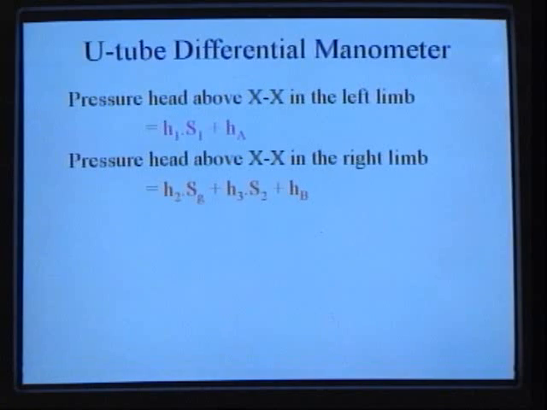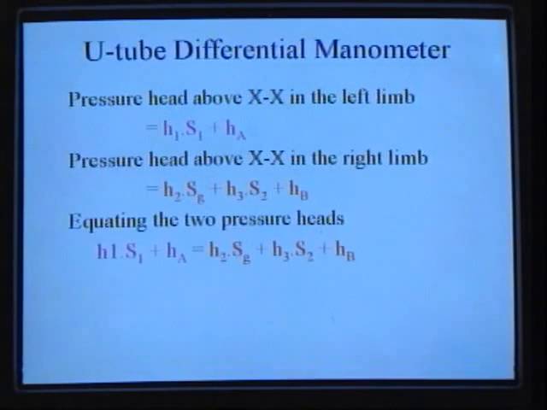Since the pressure at X-X will be equal, equating the two pressure heads, we can write H1 S1 plus HA is equal to H2 Sg plus H3 S2 plus HB. Since we want the difference of pressure heads between the two, we can write HA minus HB is equal to H2 Sg plus H3 S2 minus H1 S1.